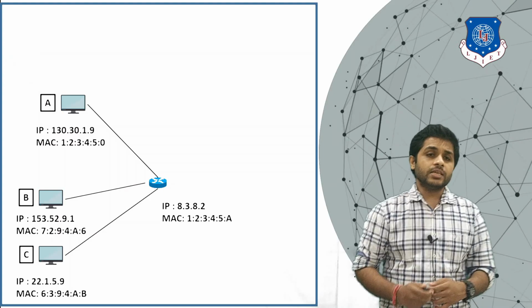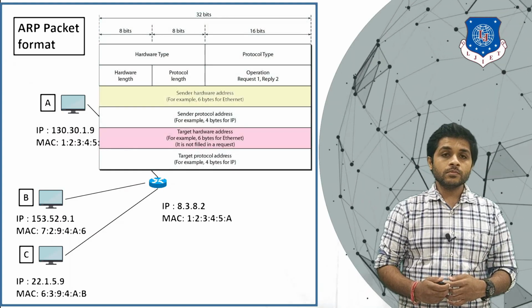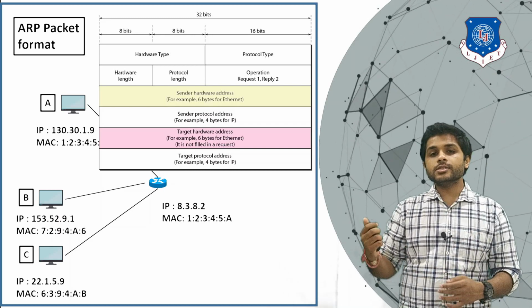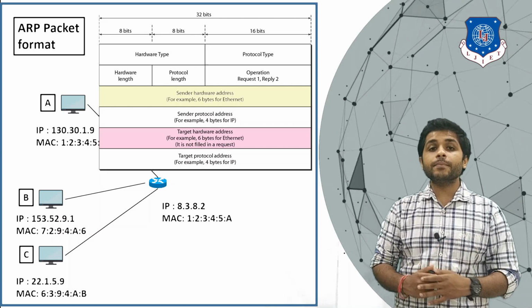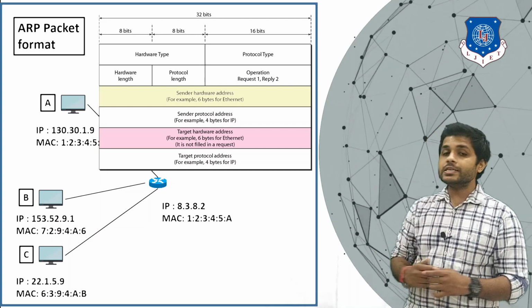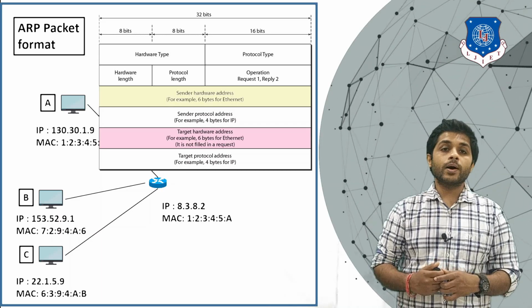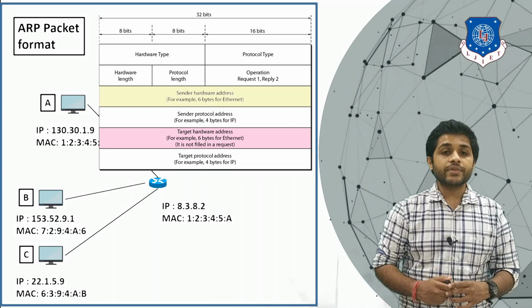So let's see first the packet format of the ARP. You can see on the screen, this is the packet format of the ARP. The length of the packet is 32 bits wide and there are in fact 6 rows, so it becomes 192 bits. Let's discuss each and every field.